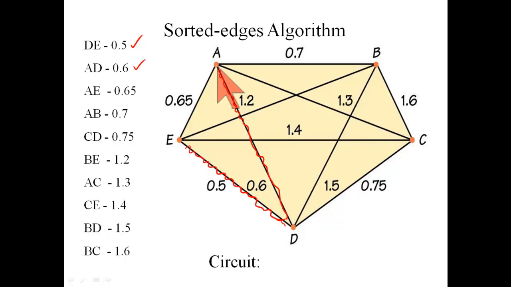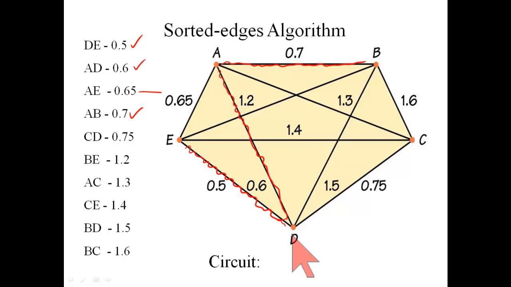How about edge AE? That would be here. That would be a circuit with just 3 vertices, so we're not going to use that one. How about AB? That's up here. Yes, that would be fine. So we'll put that one into the circuit. How about CD?